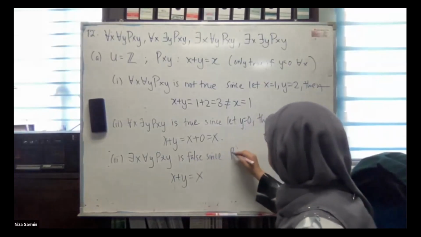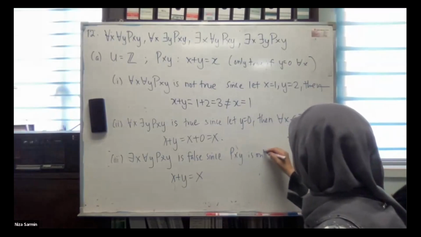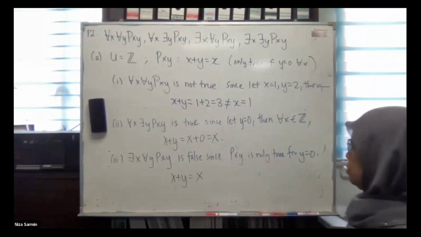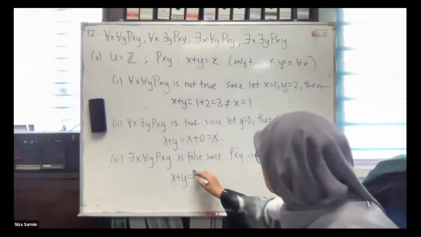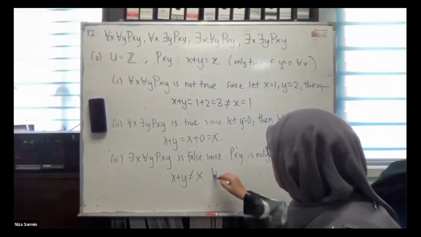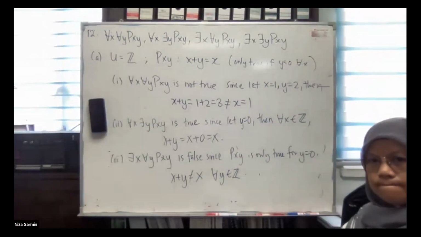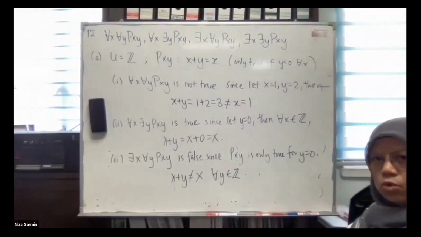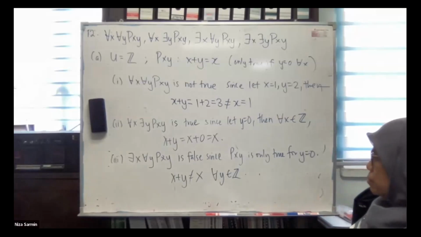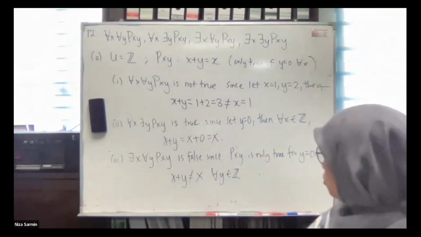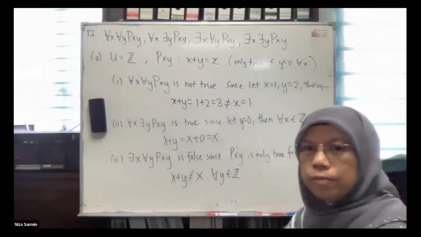Since pxy is only true for y is 0. Okay, this is not equal to x for all y. Make sure you know how to write your reasoning. Because here we say for all y, but it's not true for all y. It's only true when y is 0.